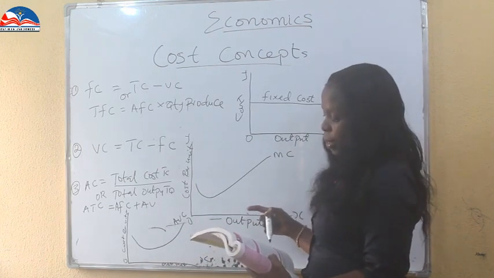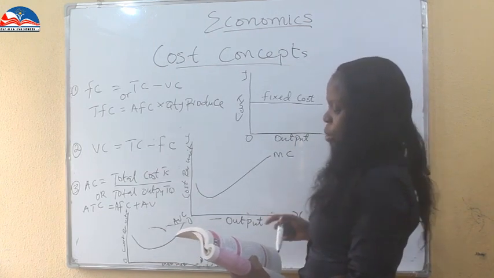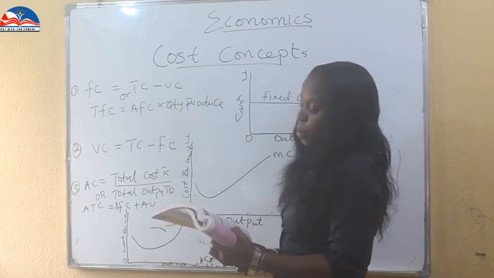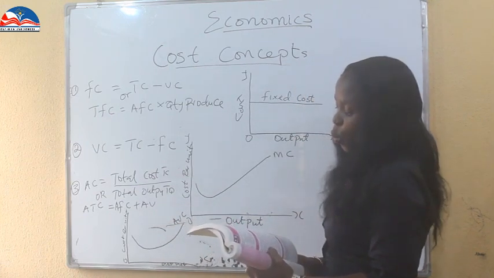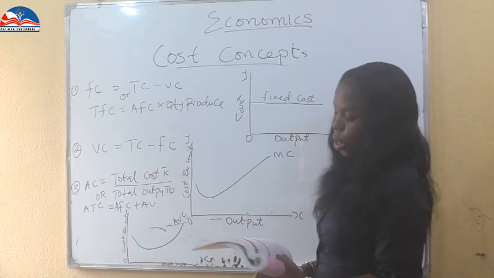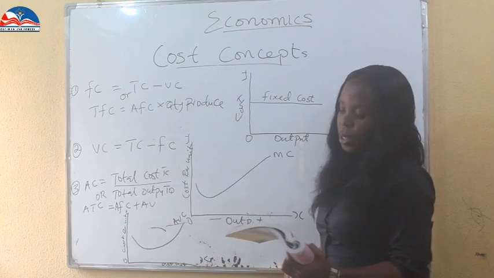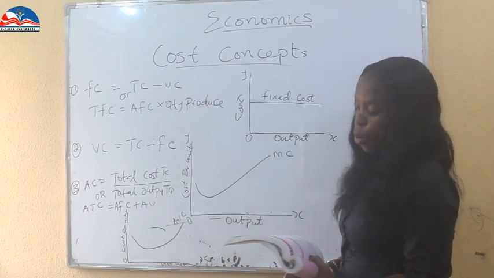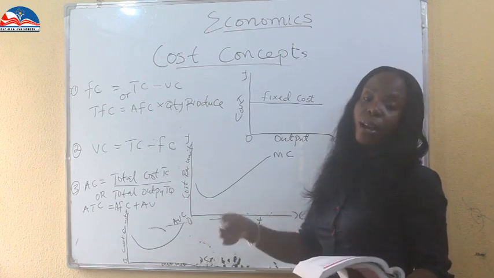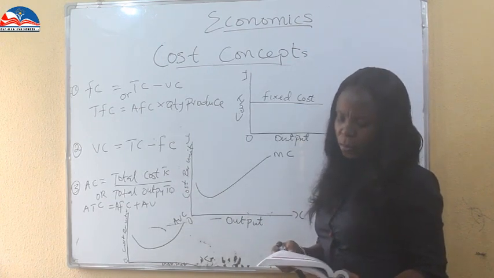Remember I said that variable cost, which can also be said to be a direct cost, is the cost of production which varies or changes directly with the level of output. Variable cost has a tendency to rise as more of the commodity is produced and when price is higher.